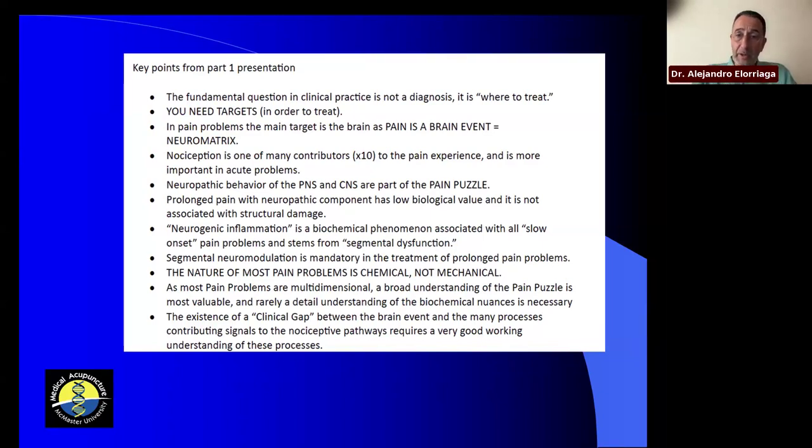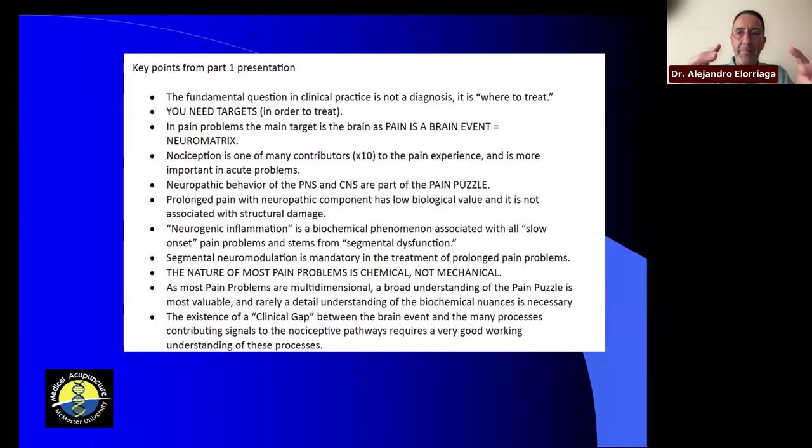And this is a well-known phenomenon, and we call it neurogenic inflammation, and it is truly at the core of most slow onset pain problems, and is part of what we can call, in non-denominational terms, segmental dysfunction, or what the osteopaths call osteopathic lesion, or the chiropractors chiropractic subluxation, or the French manual medicine school, painful minor intervertebral dysfunction.